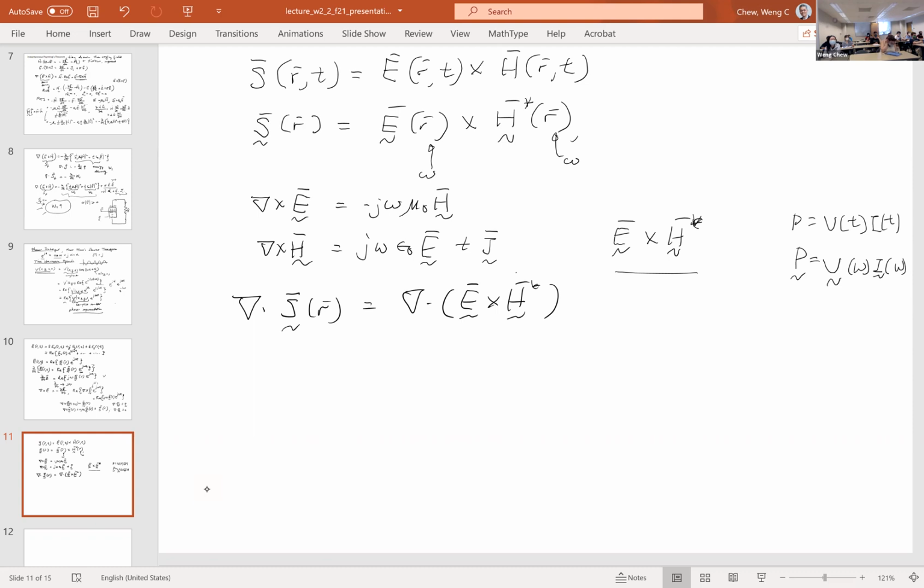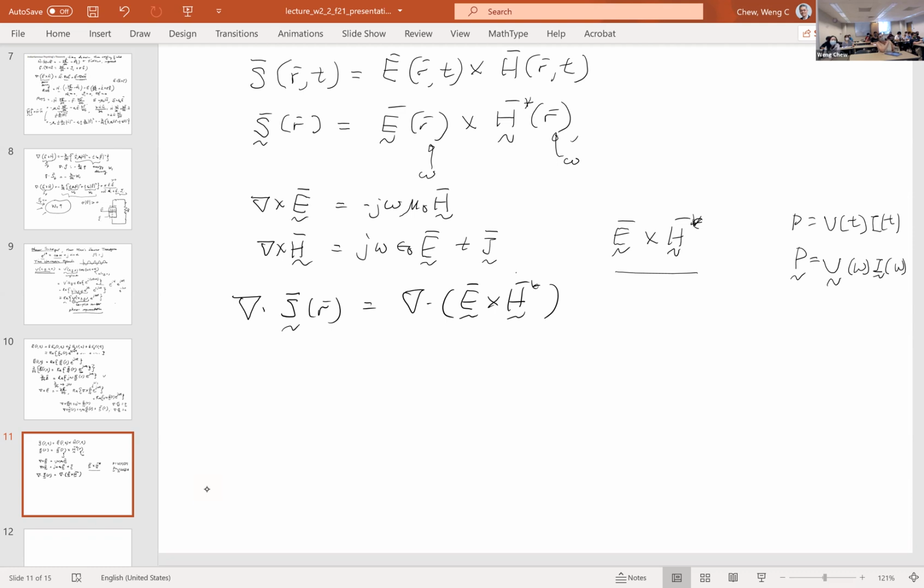So if you go through the algebra for this, very similar to the algebra that we had before, we have the complex Poynting theorem, but actually I'm not getting there in this lecture.